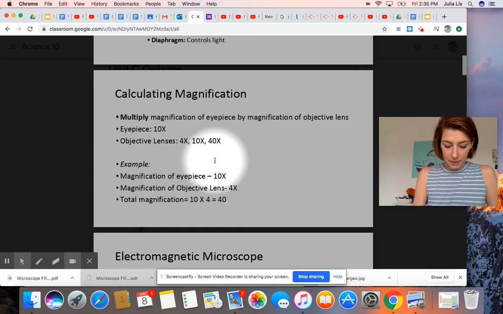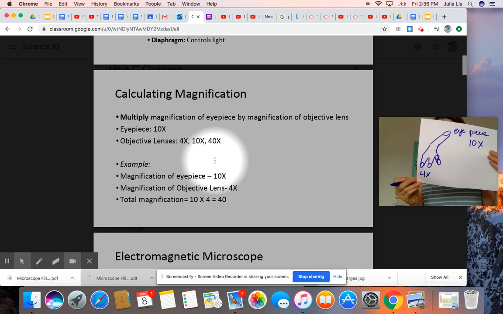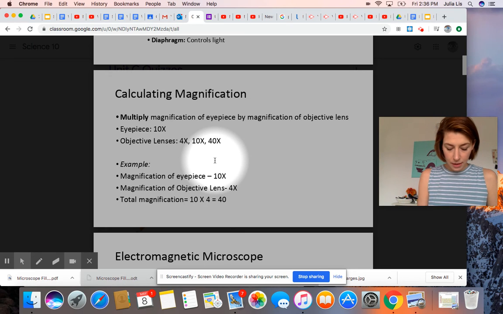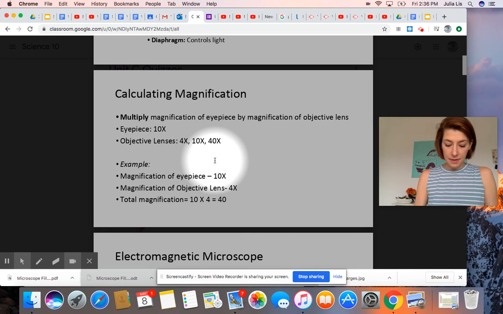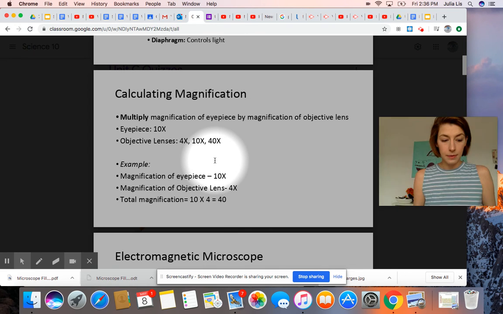And the first one is 4 times. So it's the least strongest lens. Then we have 10 times. And then we have 40 times the magnification. So depending on which one you use.